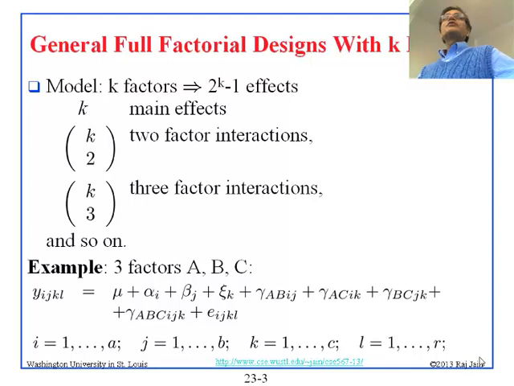That would be 4 choose 2, right? So that will be how much? Nobody can calculate 4 choose 2? 4 times 3 divided by 1 times 2, which is 6.